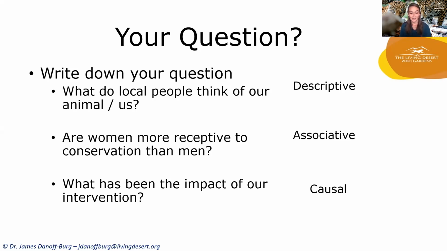Obviously, it's the causal questions that investigate cause and effect. They kind of try to connect the dots by identifying the causal factors and the outcomes of whatever your target event, situation, phenomenon, behavior might be. So this causal research can be quite difficult. It can be difficult to fully explain exactly why things are happening.